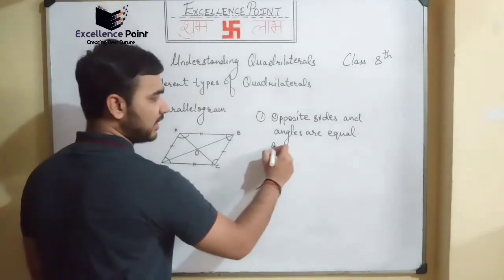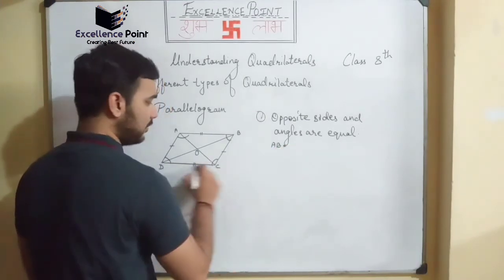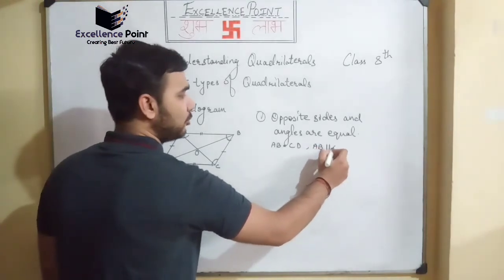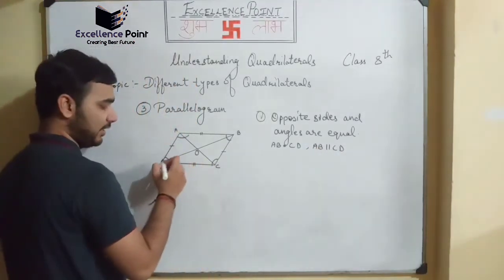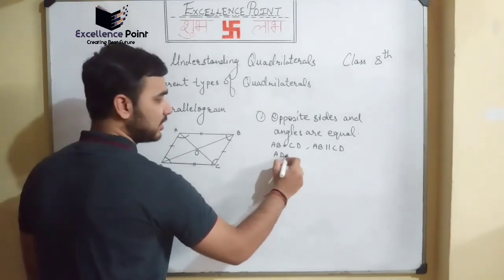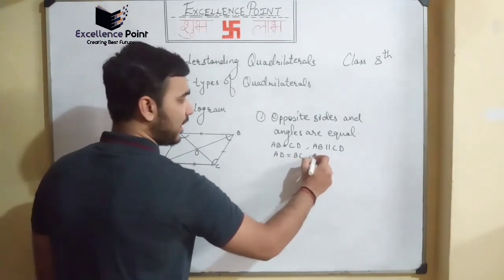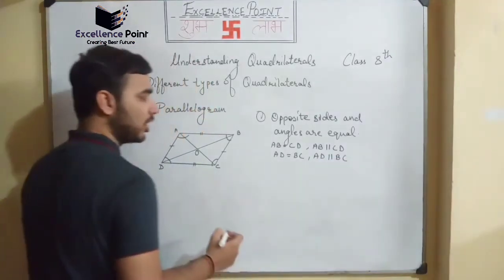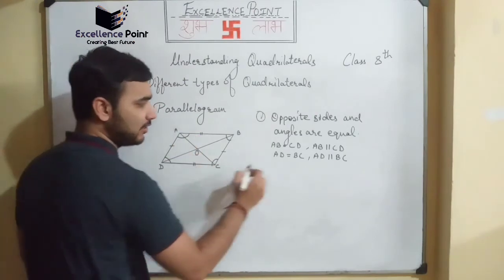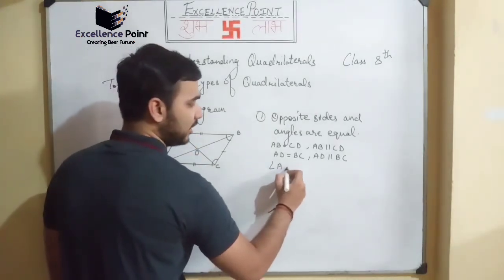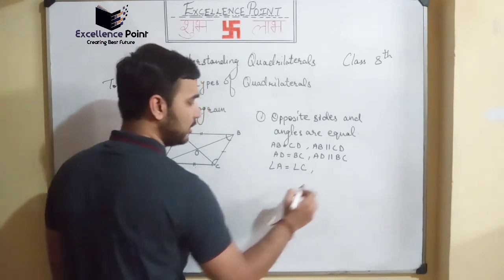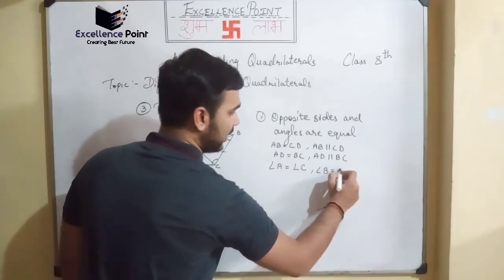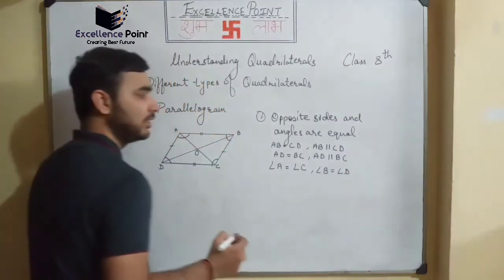It means we can say that AB is equal to CD, also AB is parallel to CD. On the other hand, AD is equal to BC and AD is parallel to BC. If we are talking about angles, angle A is equal to angle C, also angle B is equal to angle D.